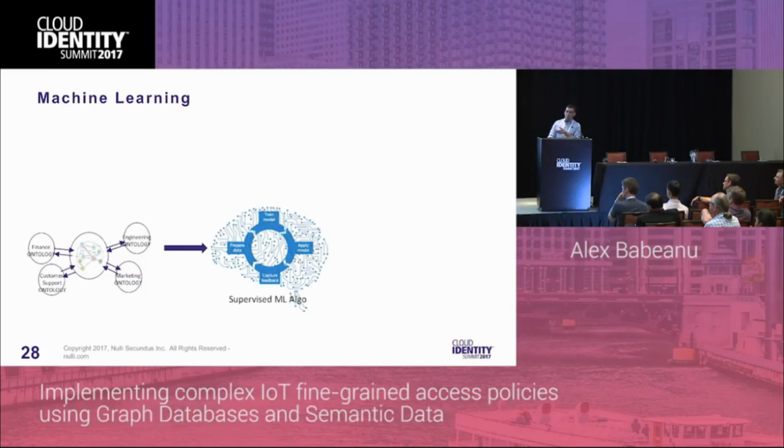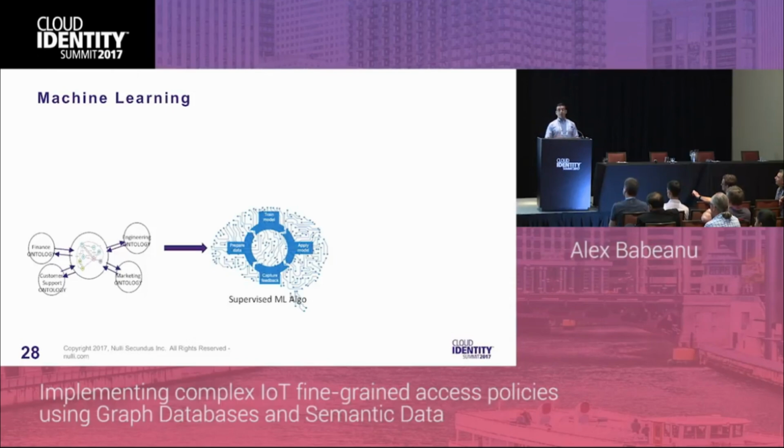And then machine learning. We've heard a lot about machine learning this week, even this morning. I think a graph like that and a set of ontologies would be a great data set for machine learning. Supervised machine learning especially requires a big labeled set of data.